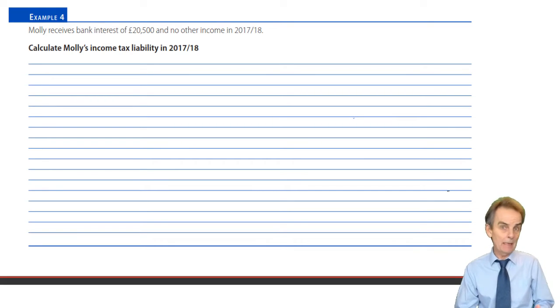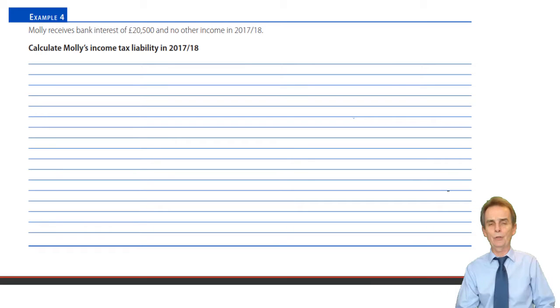Firstly, when moving on to that savings income, we had to determine the application of the starting rate, which we haven't seen yet. We also then have to see whether or not the savings income nil rate band is available to us.